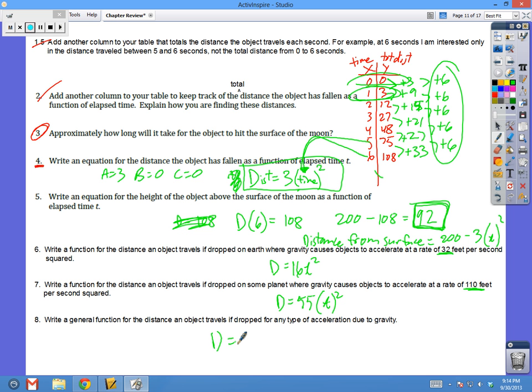The distance is always going to equal 1/2 of whatever your acceleration due to gravity is, times time squared, and time is measured in seconds. So there it is. Whatever the acceleration is, you cut it in half and you times that by time squared.